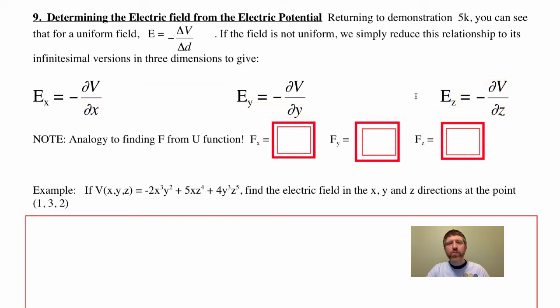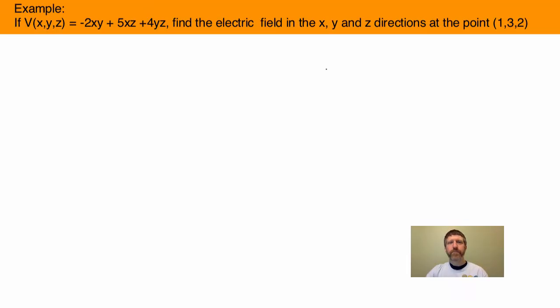And as you will see, that's just analogous to the fact that the force is negative ∂U/∂x, force in the y direction is negative ∂U/∂y, and force in the z direction is negative ∂U/∂z. That's just totally analogous.